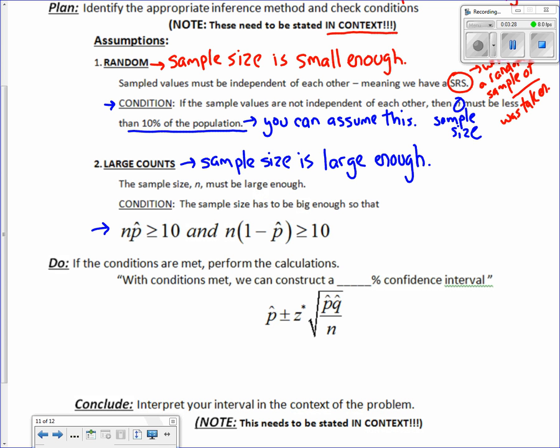That's your number of successes and number of failures. The n times p hat is at least 10, and n times 1 minus p hat is at least 10. You need to add some context. Don't forget context, even if it's an abbreviation.